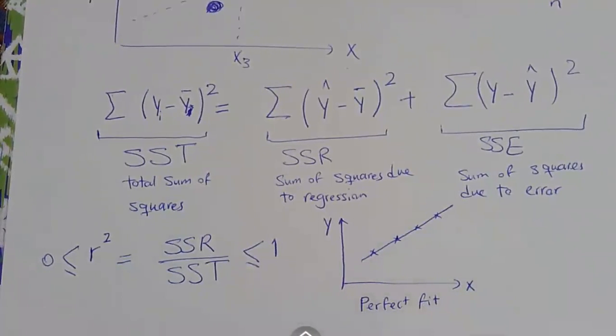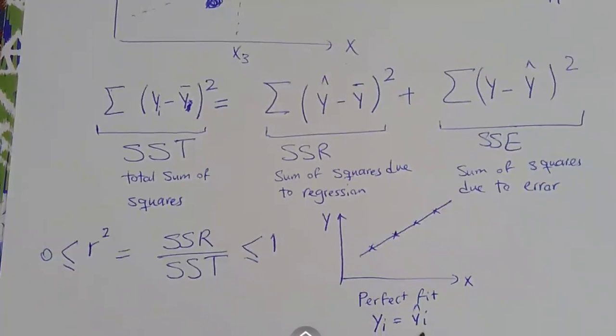So when I have perfect fit, what happens is that all my data points fall on the line. They all follow the linear relationship, which means that yi is exactly equal to y hat i. The actual value is equal to the estimated value for each data point, 1, 2, 3, and 4, all right?